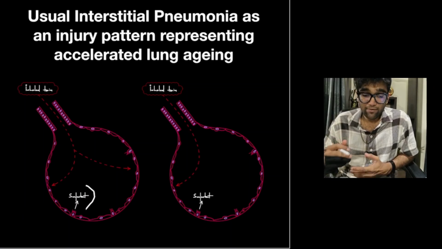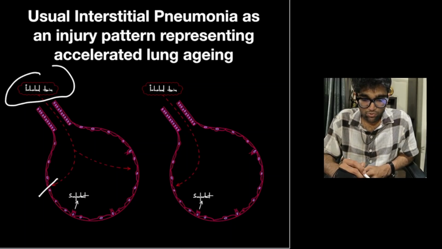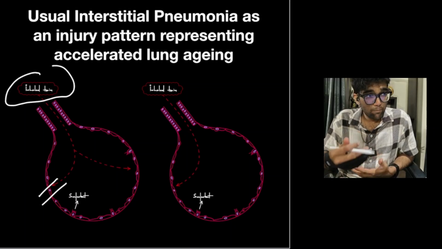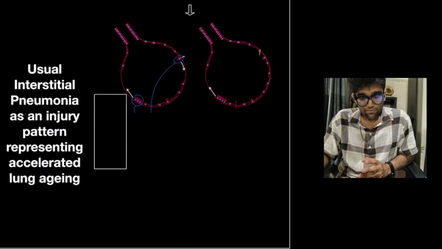The other is that when such an inhaled toxin causes damage to the type 1 pneumocyte, that is replaced by proliferation of type 2 pneumocytes, and these are the two biological functions that they perform. Now let's get into the details of this a little bit more. So again, these are the same two alveoli.